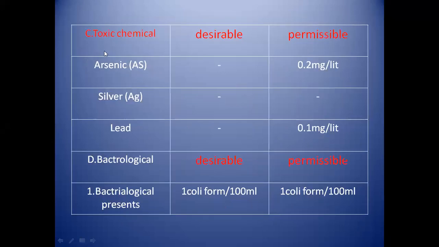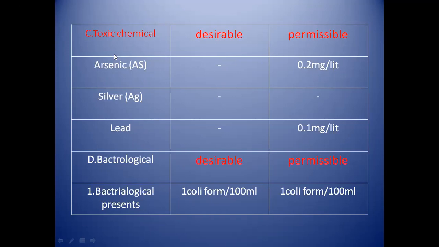Now see, next is toxic chemicals. There are toxic chemicals like arsenic, silver, and lead present in the water. The value of arsenic desirable is 0 and permissible is 0.2 mg per liter.